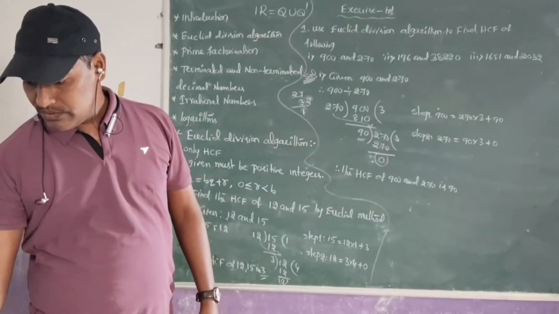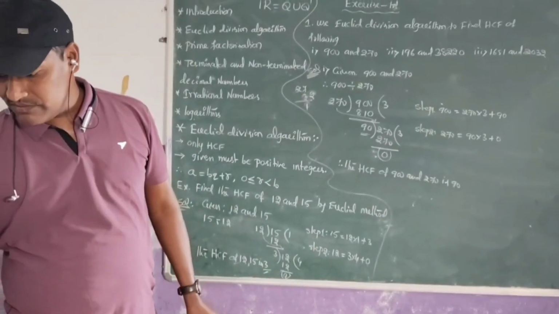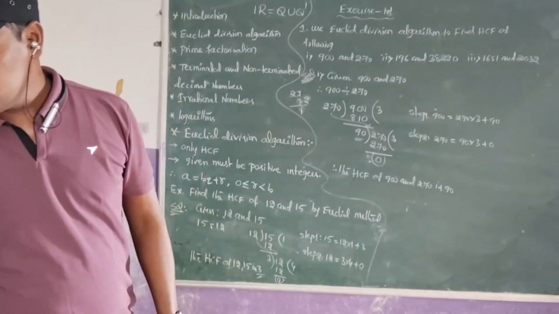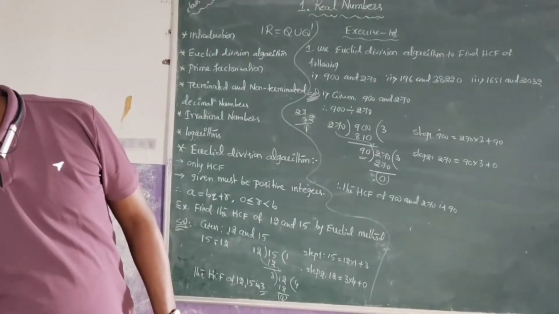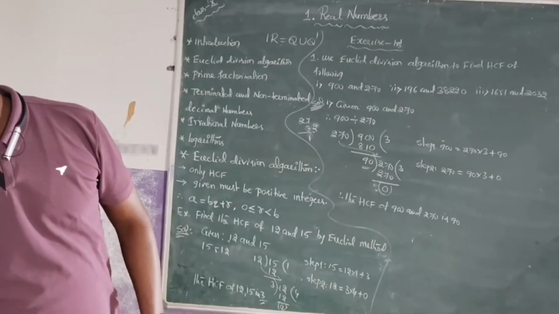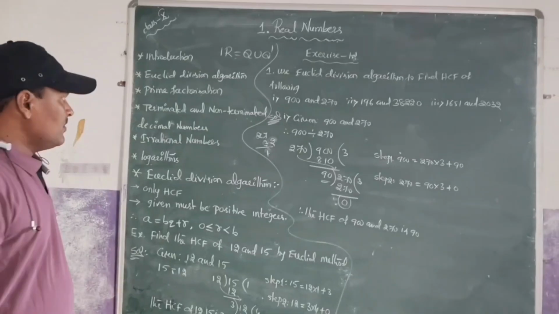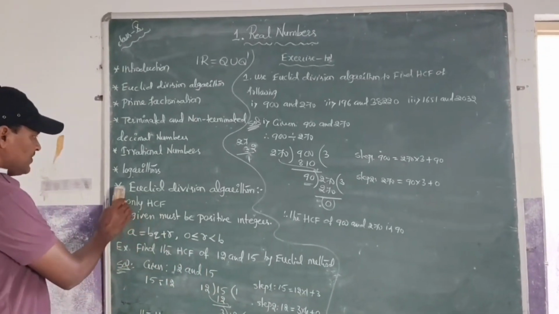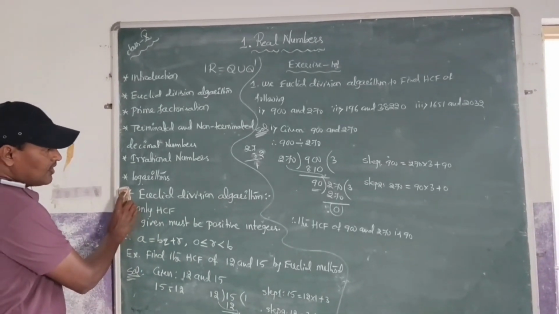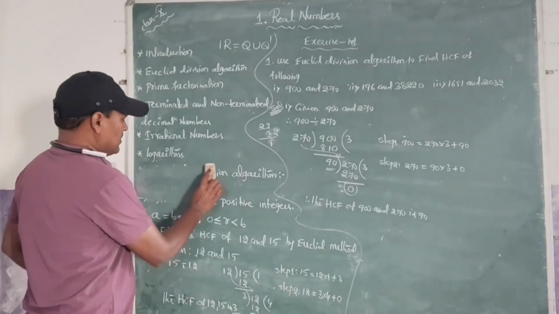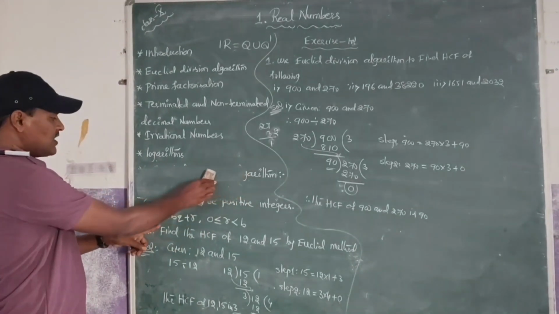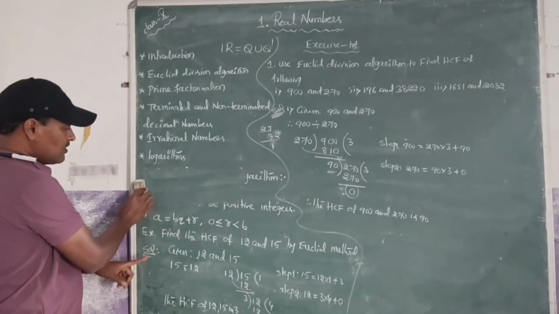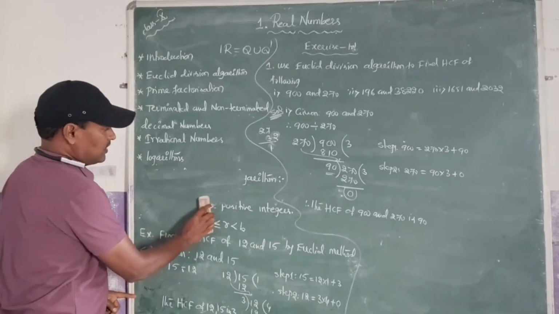Now the next remaining 4 problems are very important in the board exam. 6 marks, very important questions. Yes, 4 problems, very important. Remember, using division algorithm, the formula is A is equal to BQ plus R only.